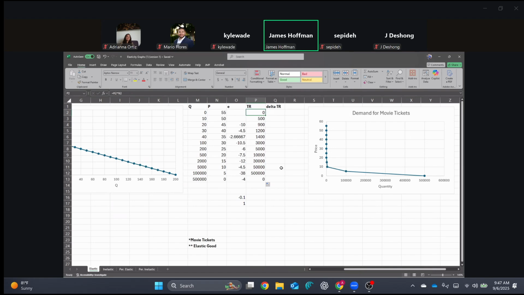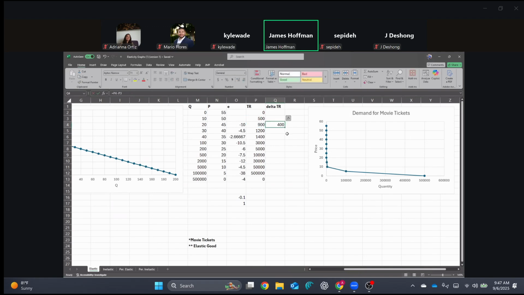What you want to look at is the change in revenue. So let's look at the change in revenue of going from a $50 ticket to a $45 ticket. Okay, so that change in revenue would be 900 minus 500. So at $50, you got $500. At $45, you got 900.